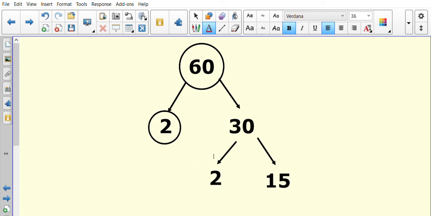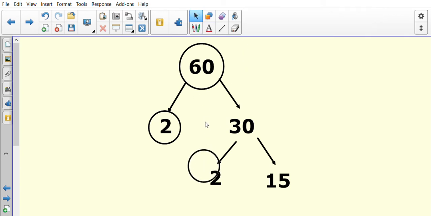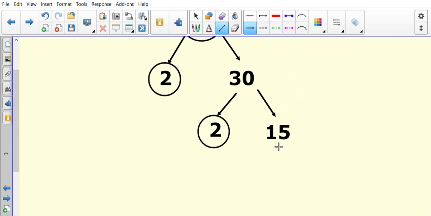What I've found again is another prime number. So the tree's ended at that point. But of course, 15 has different factors. Okay, so 15, well, that can be made up of 3 and 5.